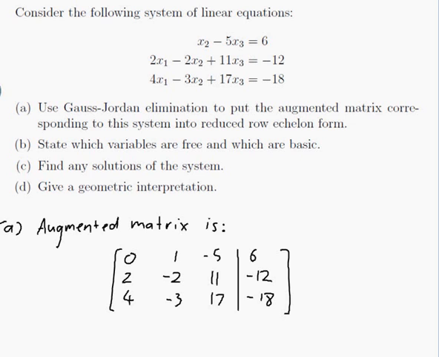Now, what's Gauss-Jordan elimination? That means using elementary row operations. Since I'm going to have to do elementary row operations, I'm going to need some space, so I'll start a new page. My matrix was 0, 1, minus 5, 6, 2, minus 2, 11, minus 12, 4, minus 3, 17, minus 18.